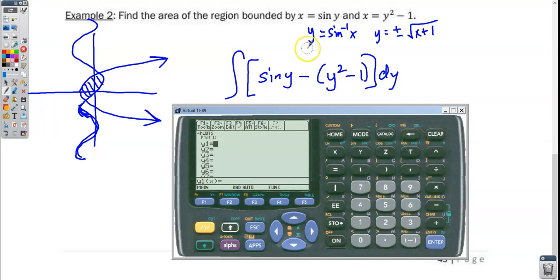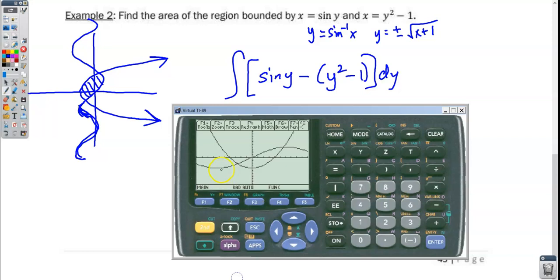Instead of graphing, I'll graph y equals the sine of x, and I'll graph y equals x squared minus 1. And when I do that, the graph I get is the inverse of the graph that I see here, which means it's flipped over the line y equals x.